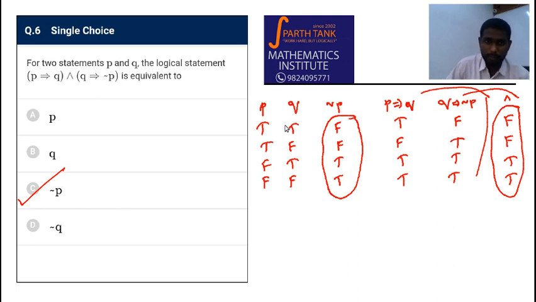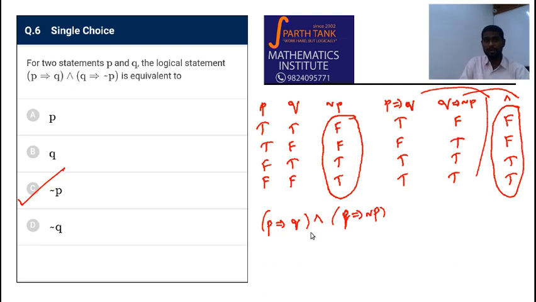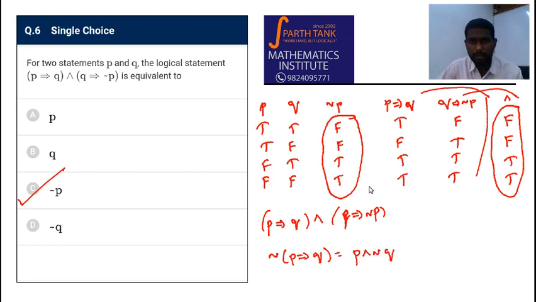Now of course you can do this in another way also, if you consider it like this. Imagine P implies Q and Q implies not P. Now let us simplify this. If we change this to intersections and unions, it is easy. Now remember, not of P implies Q is P and not Q. Okay? Not of P implies Q is same as P and not Q. So let us use that here.